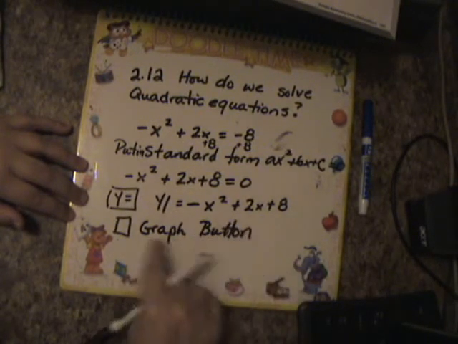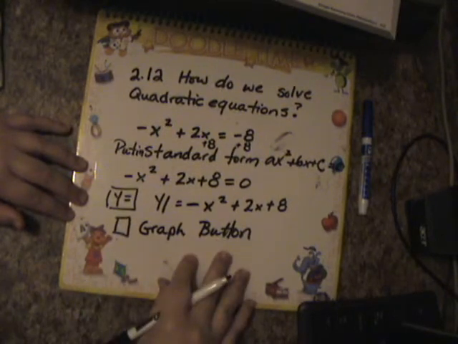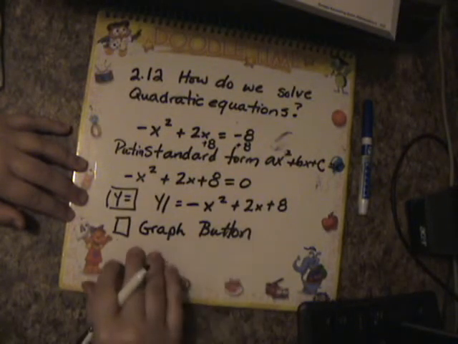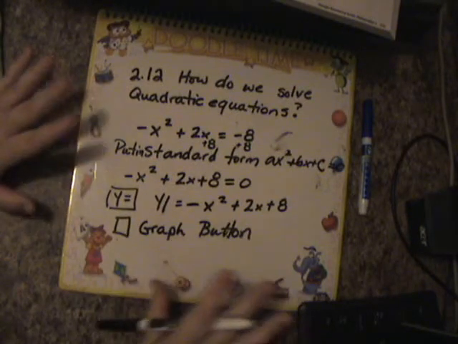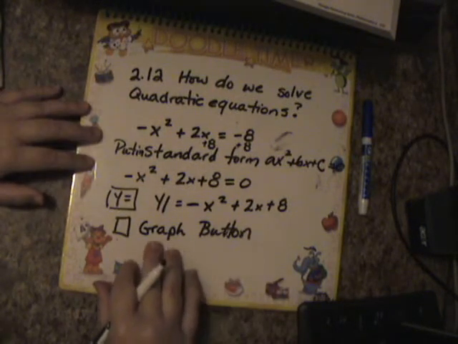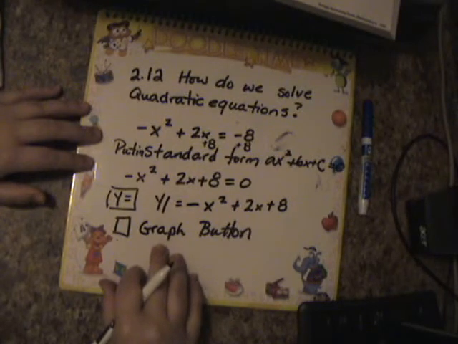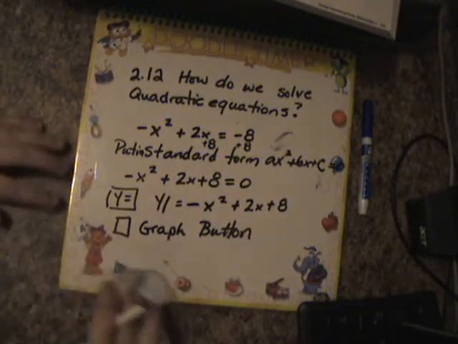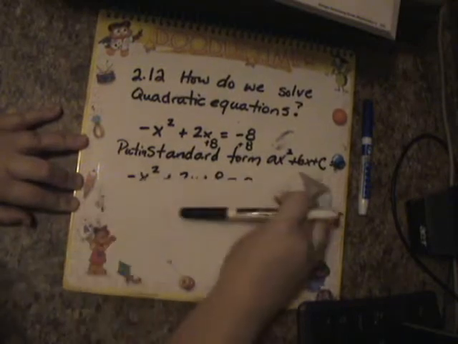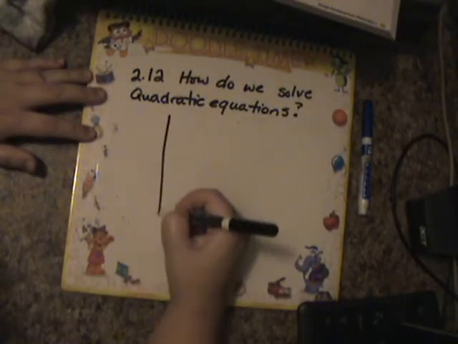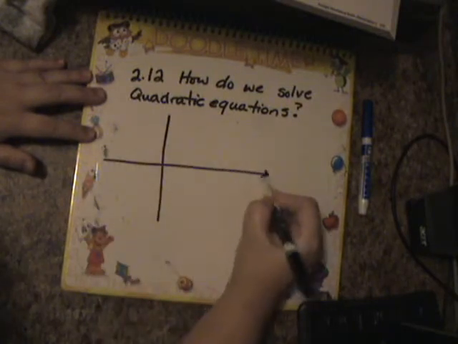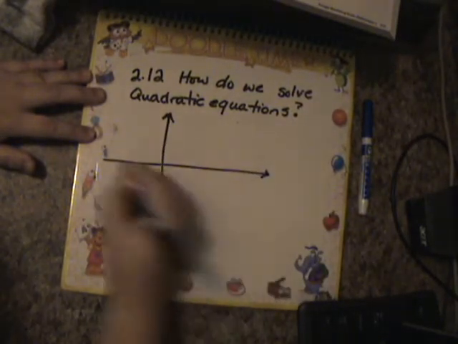If you get an error at this point, go ahead and reset your calculator so that you can get rid of any miscellaneous settings. You might have your plot on. Make sure your plots are off. And then once you do that, you would get a graph that looks something like this.